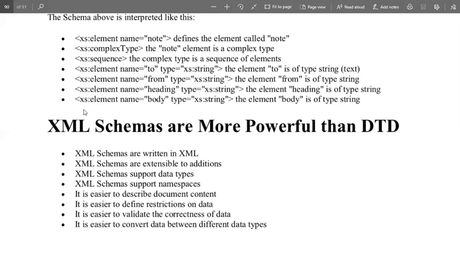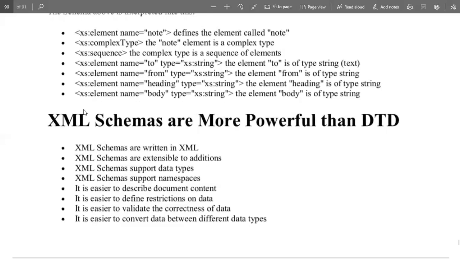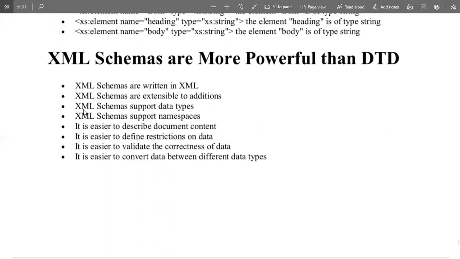It also supports multiple data types, but DTD only supports PCDATA, parsed character data. Right. XML schema also supports the namespace concept, but in DTD we can add a namespace with the help of linking, and we have to focus on the namespace as well as the prefix.